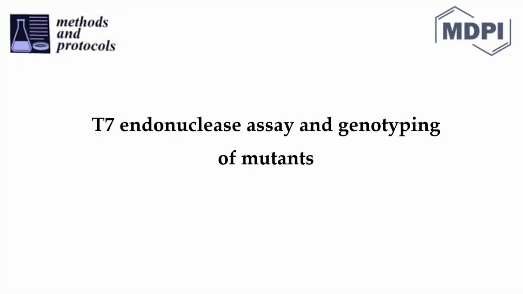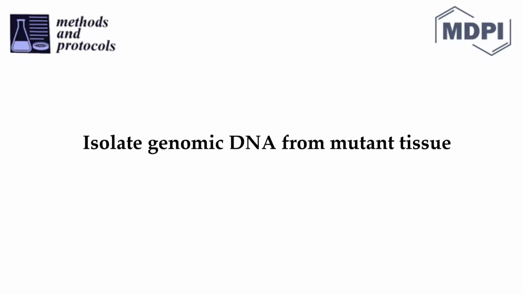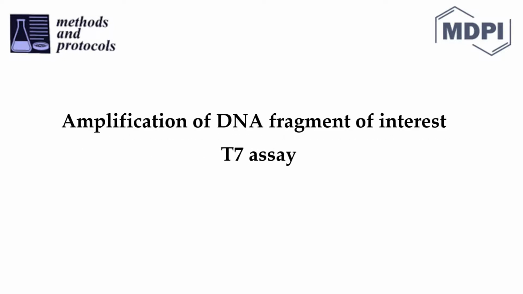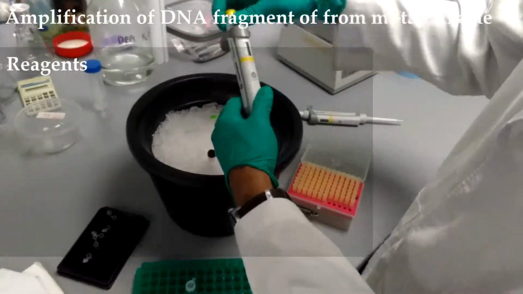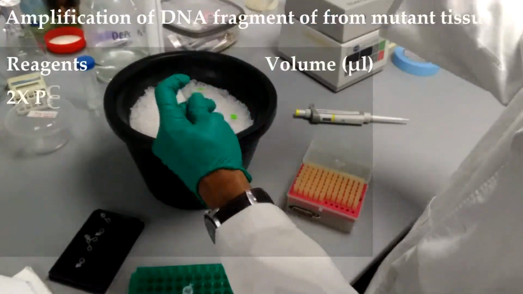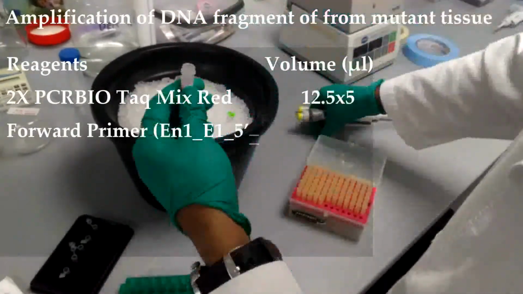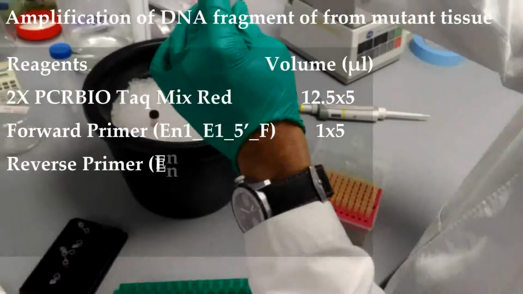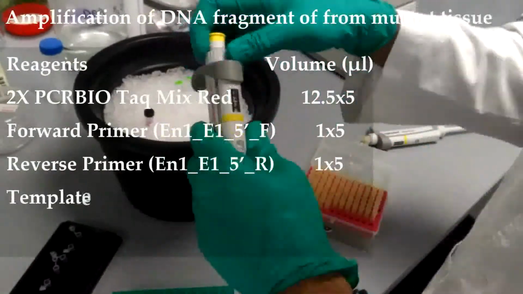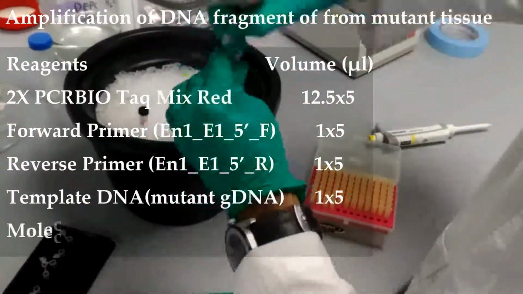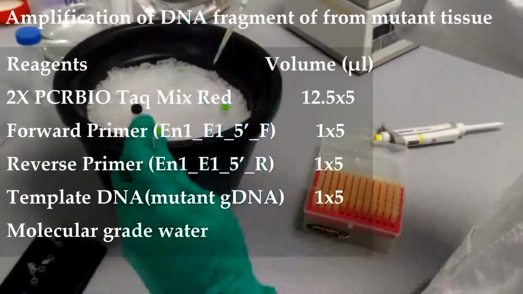T7 endonuclease assay and genotyping of mutants. Isolate genomic DNA from mutant tissue. Amplification of DNA fragment of interest for T7 assay. In a 1.5 ml microcentrifuge tube, add 62.5 microliter 2x PCRBIO Taq Mix Red, 5 microliter forward primer, 5 microliter reverse primer, 5 microliter template DNA, and 47.5 microliter molecular grade water.